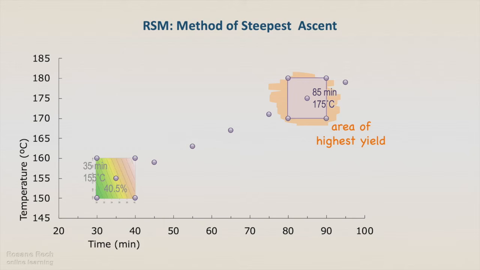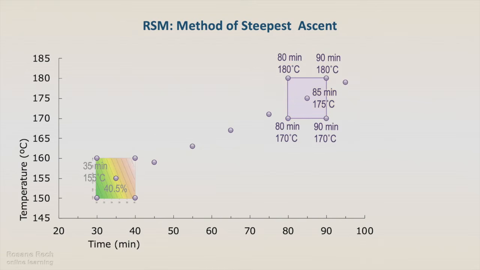We can use the conditions of 85 minutes and 175 degrees Celsius as the central point. The ranges of the time and temperature for the design can be chosen freely. Let's go with the same range used in the first design, 10 minutes and 10 degrees Celsius.